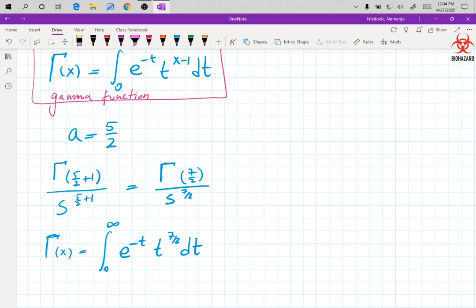Now let me just do one thing. I'm going to check Wolfram Alpha right now. Integrate. All right, one second.